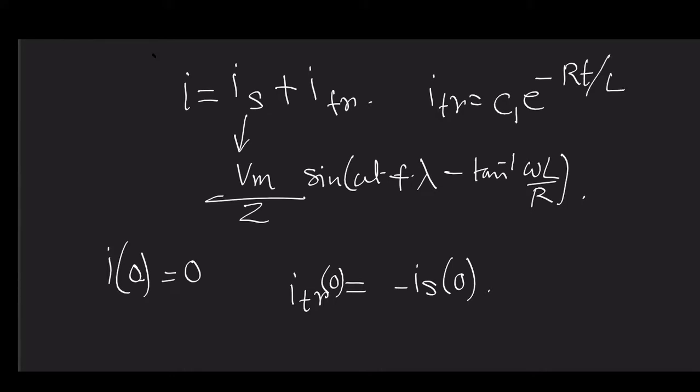So if I_TR is something like this, then write it here. You will only get C1 because at t is equal to 0, this exponential will give you 1. C1, how much will you get here? Minus Vm by Z sin, at t is equal to 0, this omega t is equal to 0, sin(lambda minus theta), let us make it theta.